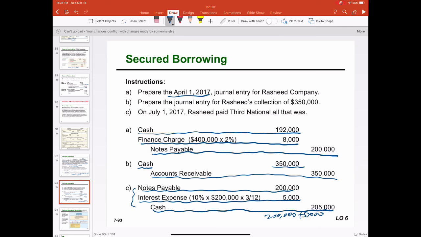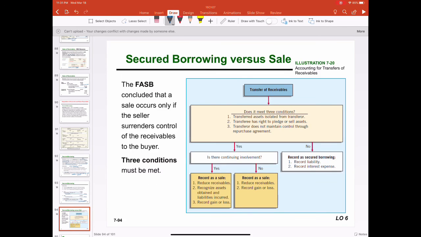And in financial accounting, with secured borrowing and the sales of receivables, sometimes it's hard to tell what their difference is, especially for outsiders who don't know how the two parties wrote their contract, right? Just like operating lease and capital lease. So we have the criteria.